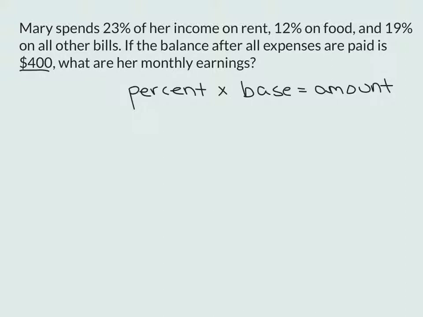So $400 is the part to the whole. That means that $400 is the amount in our percent equation. So amount equals 400. And we want to find the base, because that's going to be her monthly earnings.